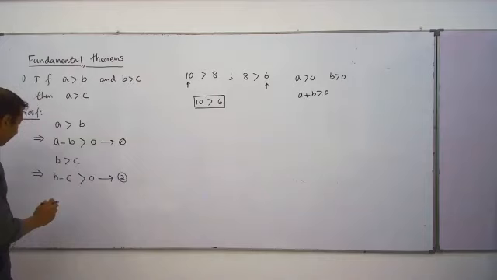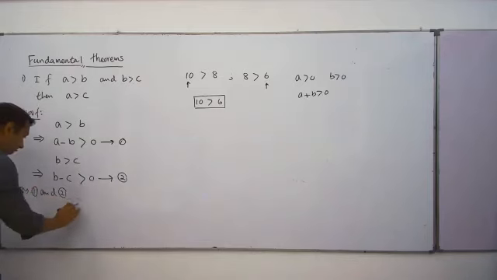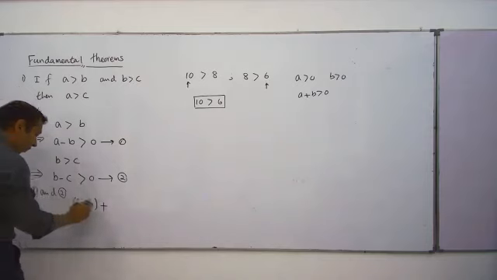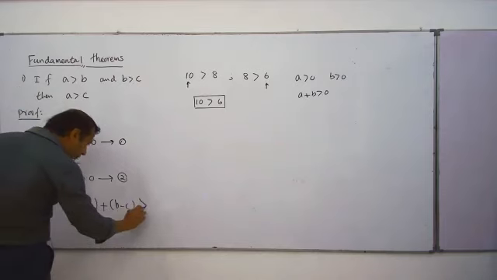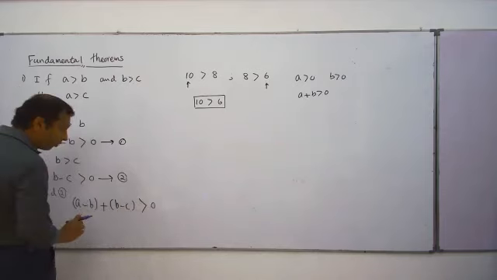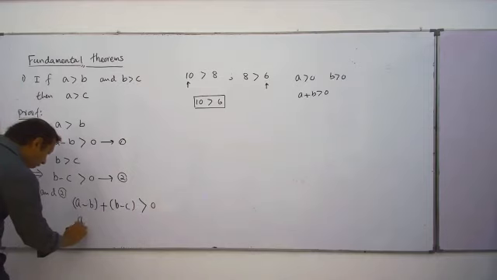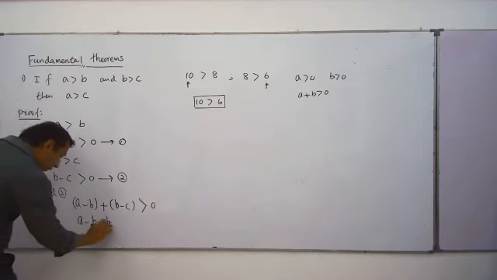is again positive. Then by 1 and 2, A minus B is a positive value. To that, I add B minus C, which is also positive. This is positive, this is positive, their sum is positive. Therefore, we can write this as greater than 0. Then we simplify: A minus B plus B minus C greater than 0.